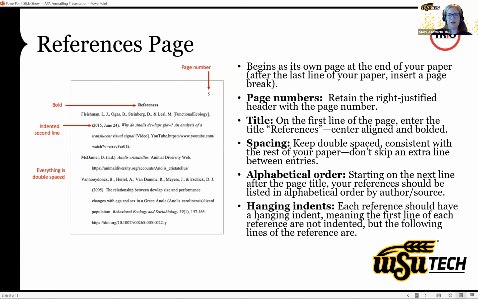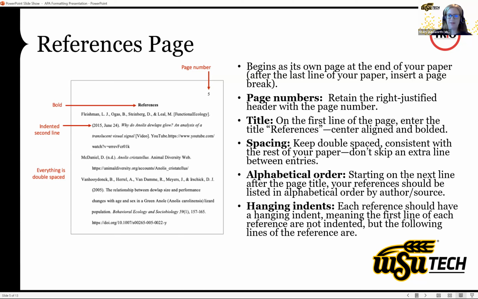Okay. So again, note that the page number is still there. It's still double spaced. Here's where it gets different though. You remember how I just said that your body of the paper, the first line of each paragraph is indented by a 1/2 inch. We're going to flip that here on the references page.